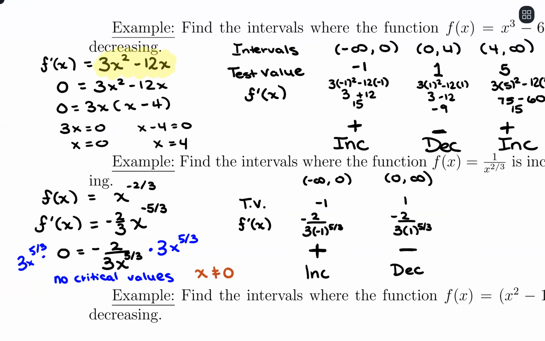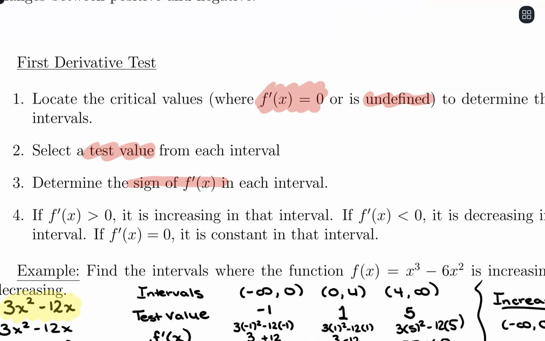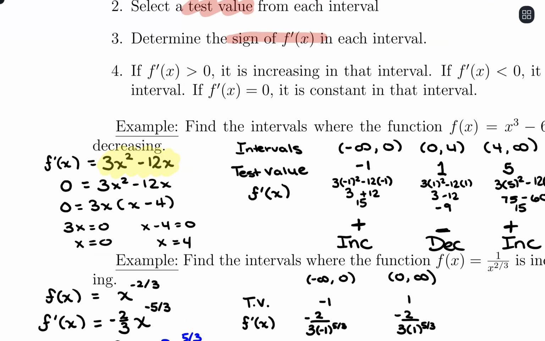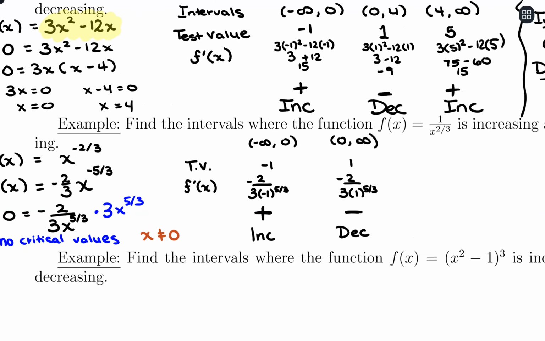Just going back to that explanation for locate the critical values: the critical values are where the derivative equals 0, but also be careful of these spots where our derivative is undefined. That can separate up our interval as well. We just didn't have that with the first example because we had a quadratic, which is defined everywhere. But in these cases where we have x in the denominator, we need to be careful of that.